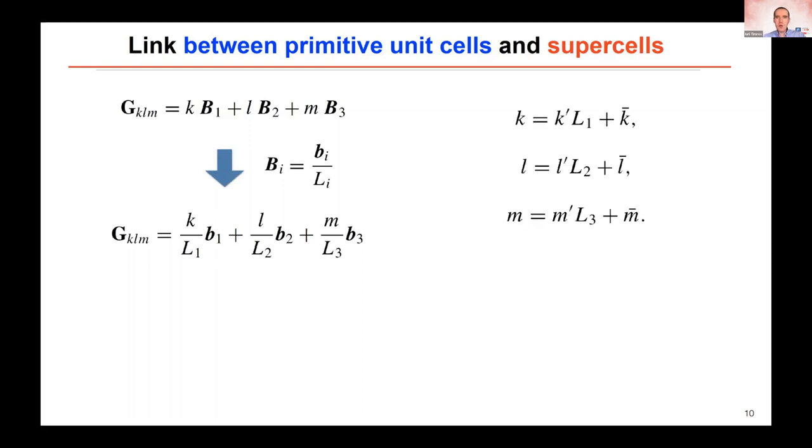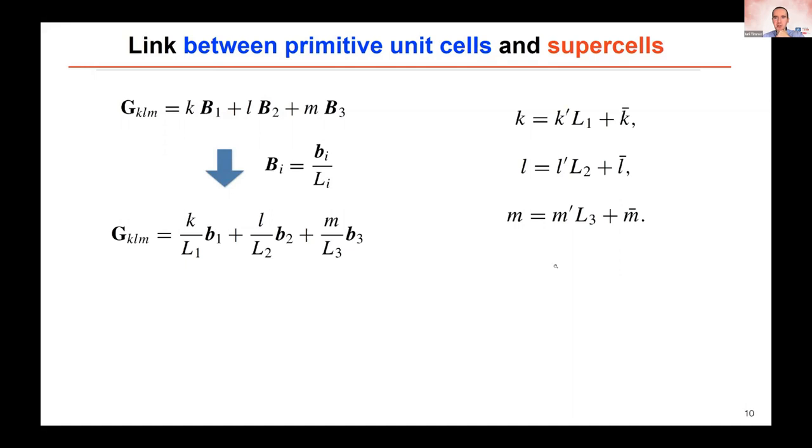And then here we say that we can actually write these indices k, l, and m in this form, where we introduce k prime, l prime, m prime, and k bar, l bar, and m bar. So k bar, l bar, and m bar are remainders, and these are quotients.